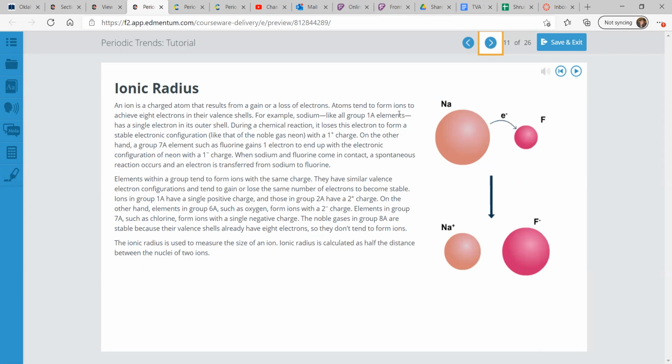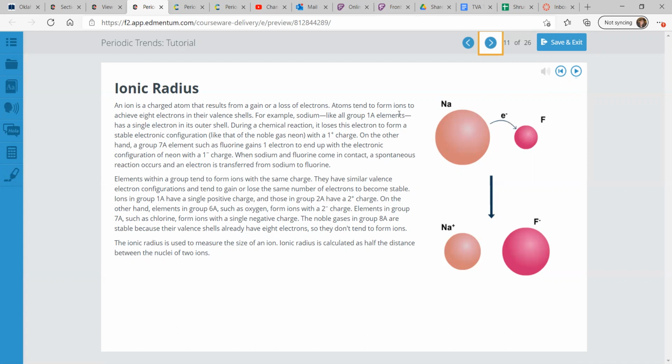For example, sodium, like all group 1A elements, has a single electron in its outer shell. During a chemical reaction, it loses this electron to form a stable electronic configuration, like that of the noble gas neon, with a +1 charge.